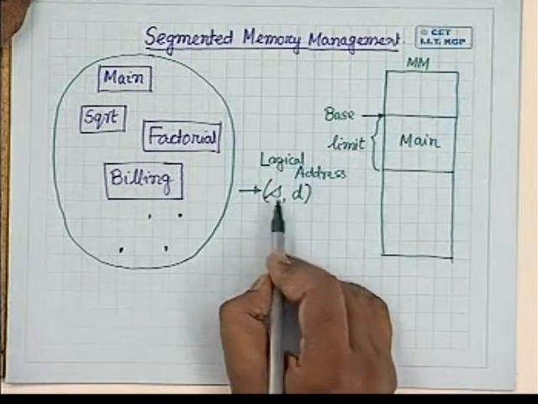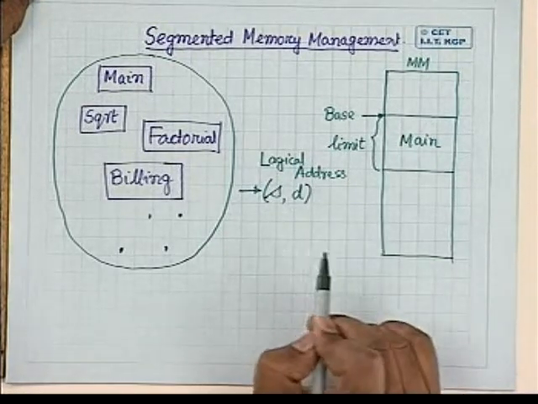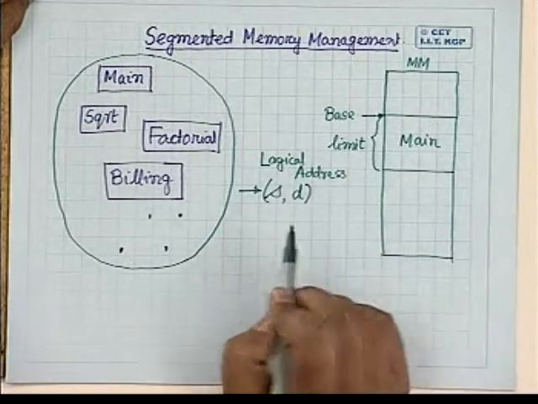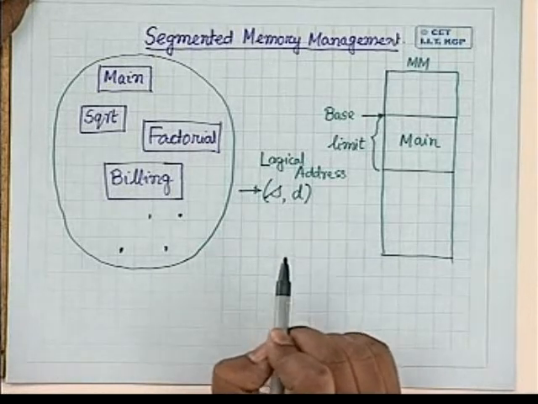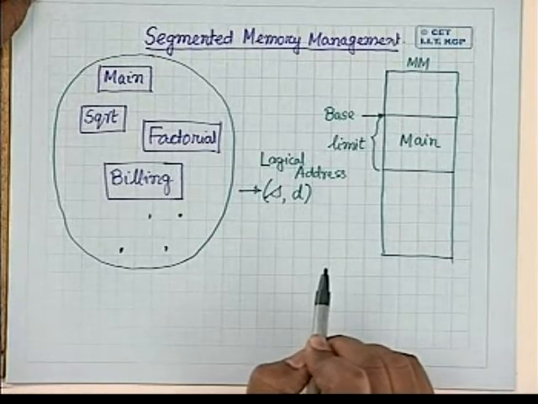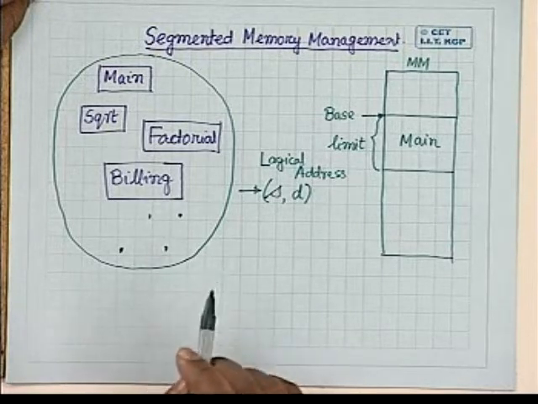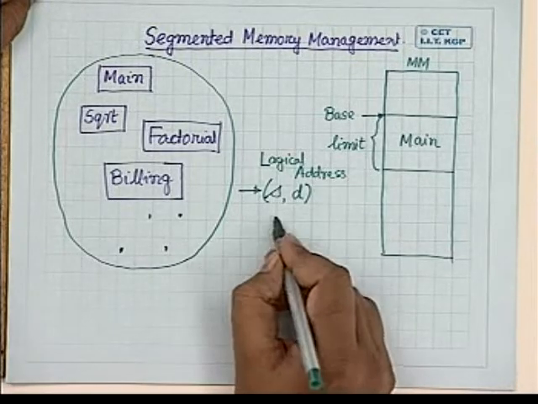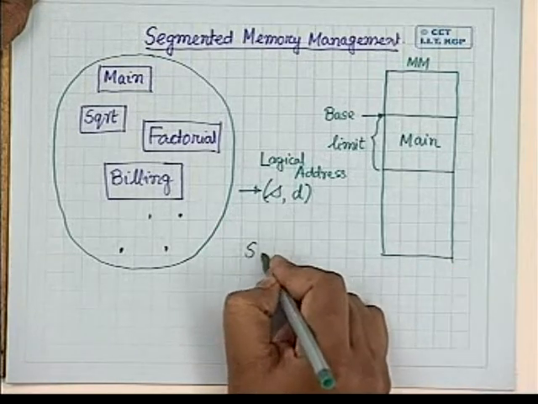Now again, to map these two-component addresses S and D to a particular physical address in the main memory, again I have to have some mapping. In case of paged memory management, the mapping was done through the page map table. In case of segmented memory management, it will also be done by a similar table, but because these are segments, we call it the segment table.